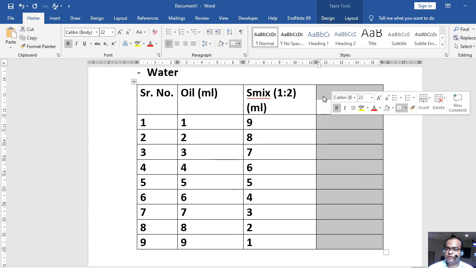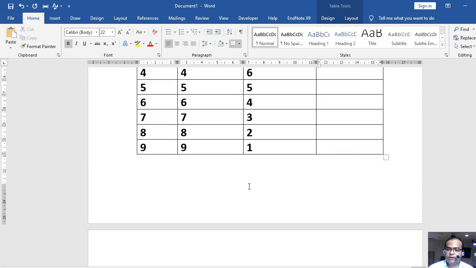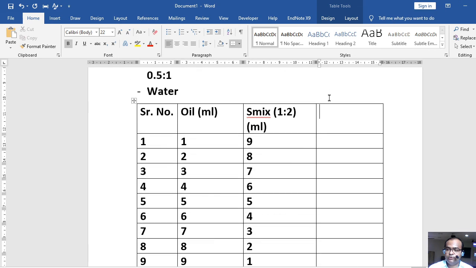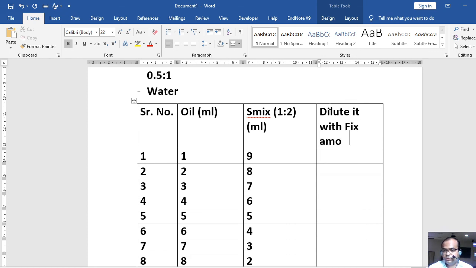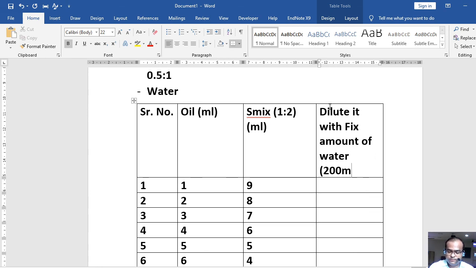Obviously, instead of titrating water, we will prepare our mixture of oil, surfactant and co-surfactant, and then dilute it with a fixed amount of water, right? Let's say 200 ml of double distilled water.